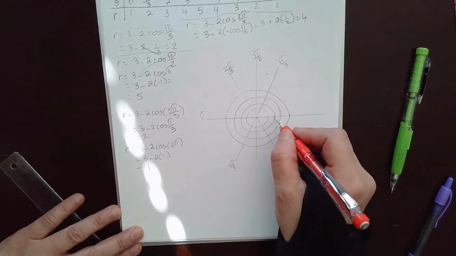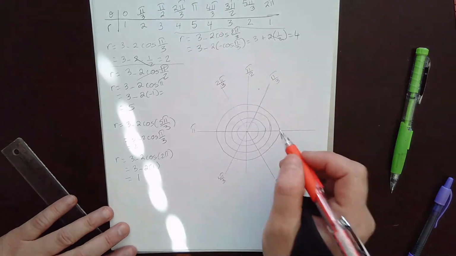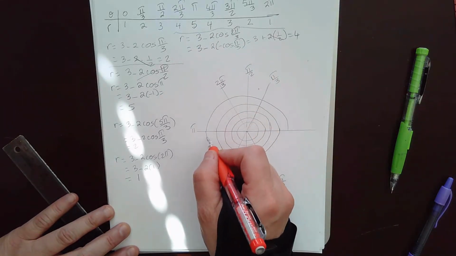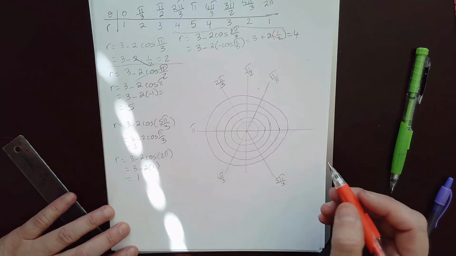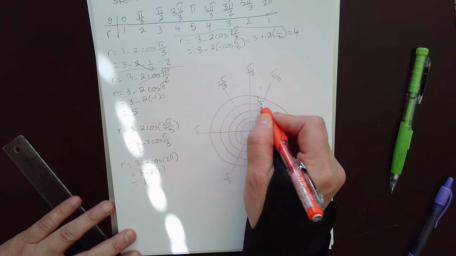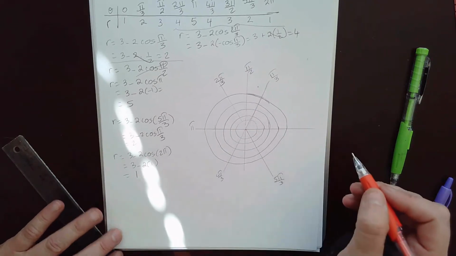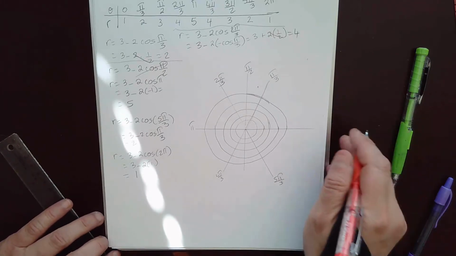So 1, 2, 3, 4, the largest is 5 here, so I'm going to use that. Okay, so let's try to graph it.